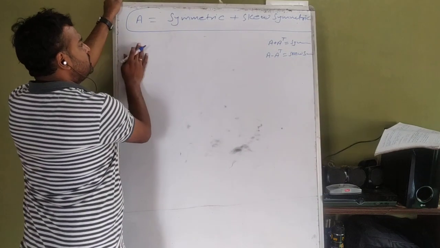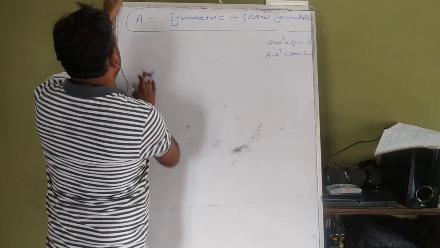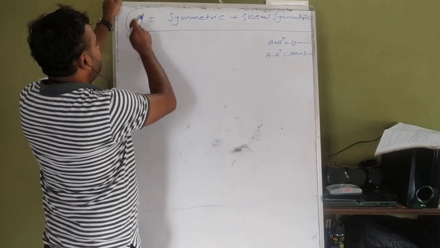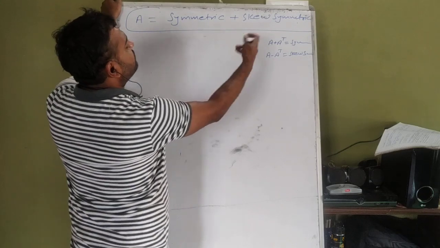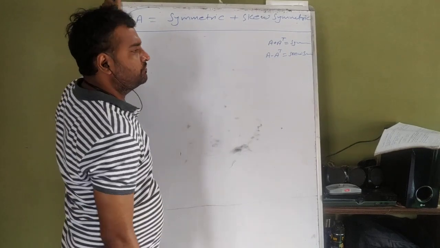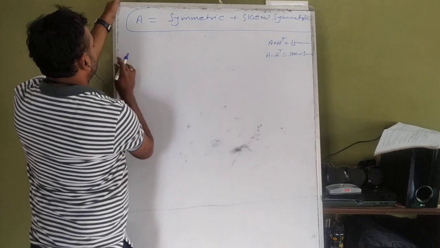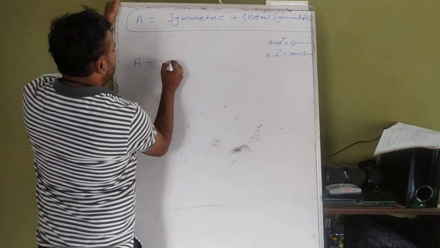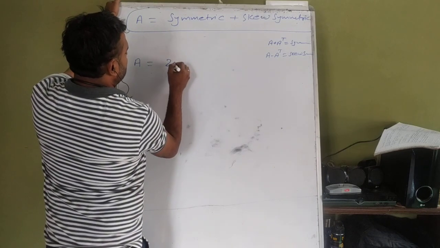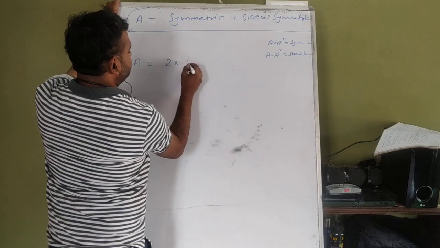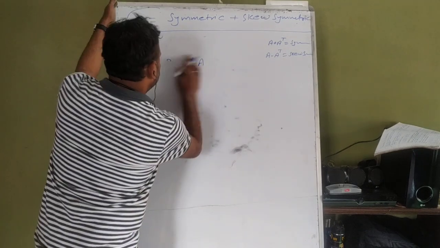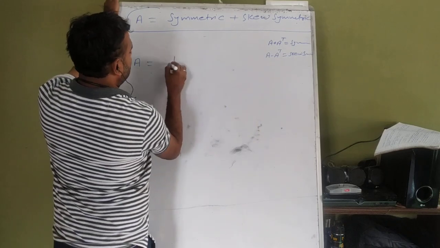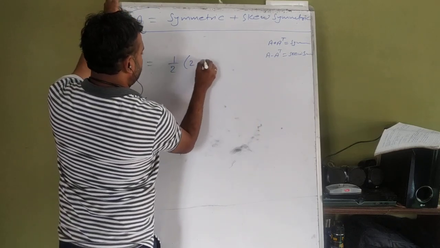Now what is the condition? The condition says that we have to prove that every square matrix can be written as the sum of symmetric and skew symmetric. How can this be proved? See here, can A be written as twice A into half, or half of twice A?